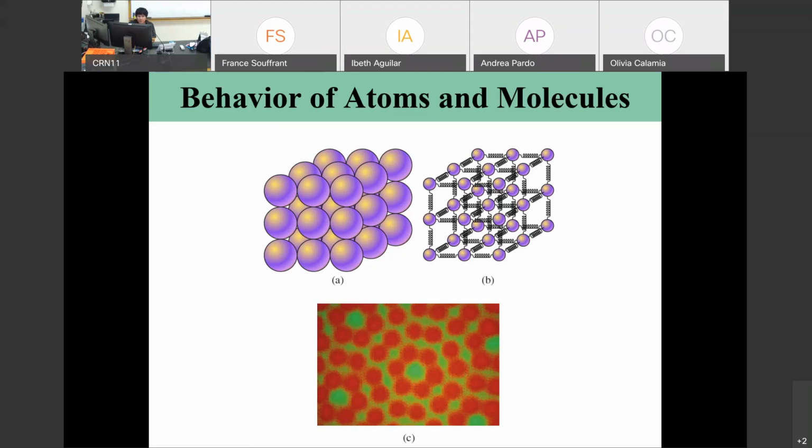Any questions so far about matter, compounds, molecules, the states of matter? Any questions about what's a crystalline solid? You're basically seeing them.